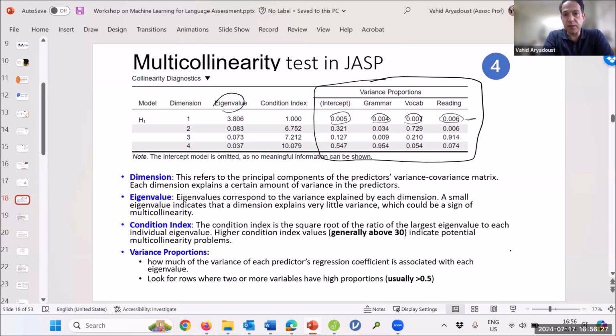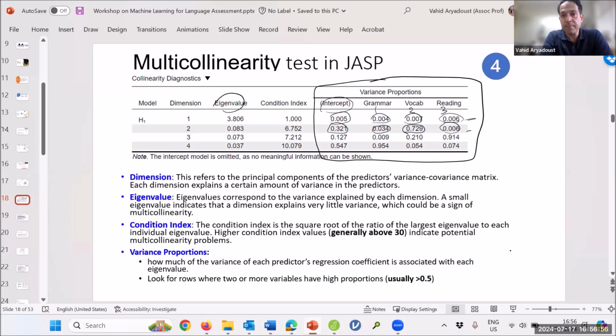The second row is more or less the same. The only large value is this, but we don't have an equally large value in other cells, like the reading cell, which is pretty small. This one is pretty small. And this doesn't make a big issue because it's the intercept. The most important thing is these 3 variables, number 1, 2, and 3, because these are the variables we're working with, our independent variables.